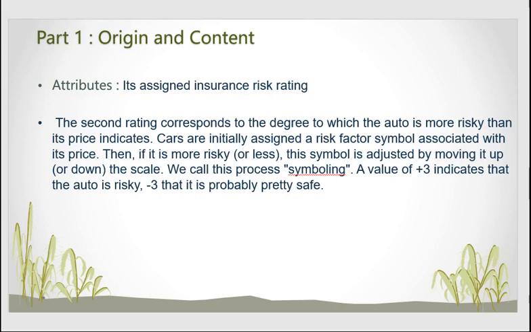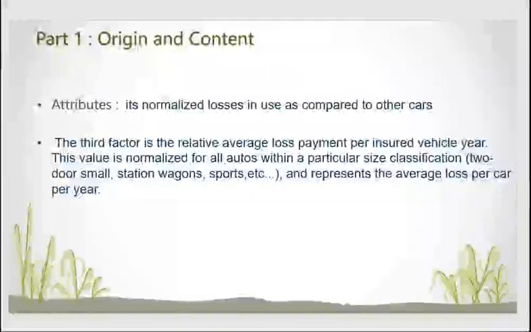We call this process symbolizing. A value of +3 indicates that the auto is risky, and -3 that it is probably pretty safe. And the next one is normalized losses in use as compared to other cars.